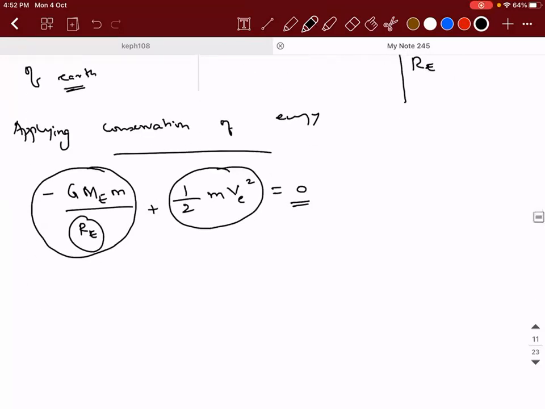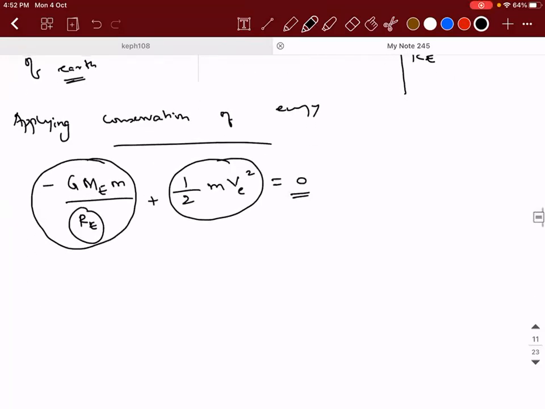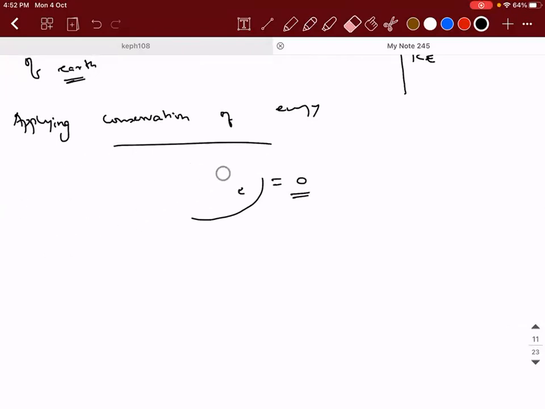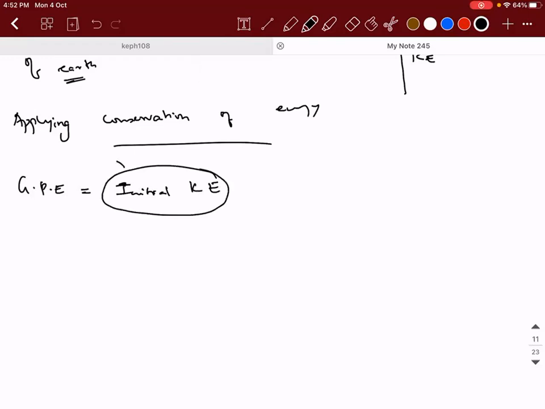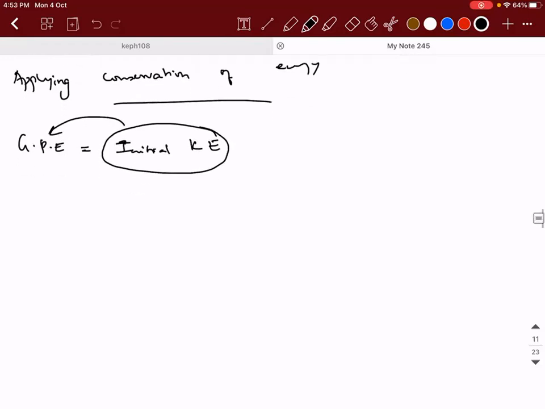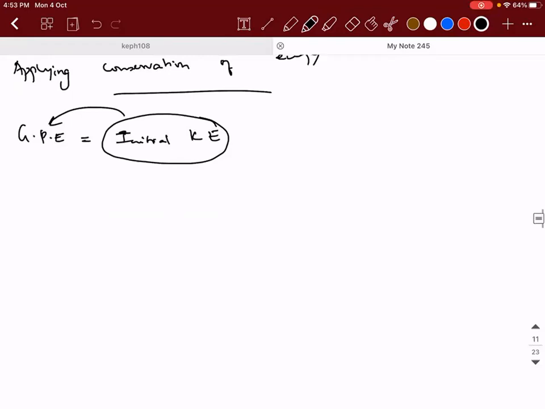So the other way of writing this is gravitational potential energy should be equal to the initial kinetic energy. Whatever kinetic energy you gave should get converted to the necessary gravitational potential energy. Okay, this is another way to do.